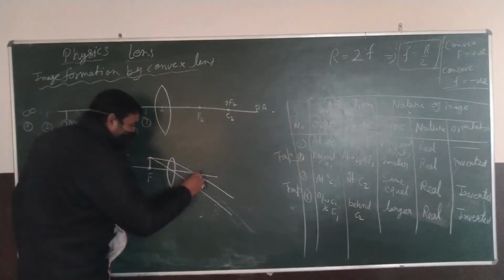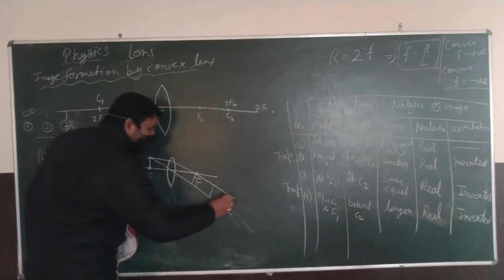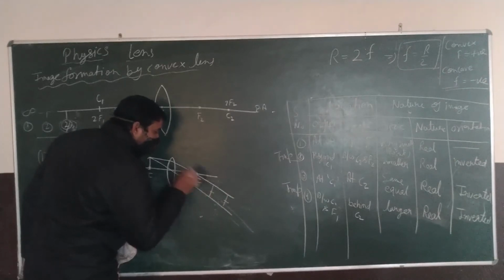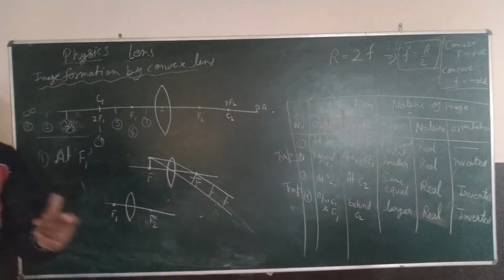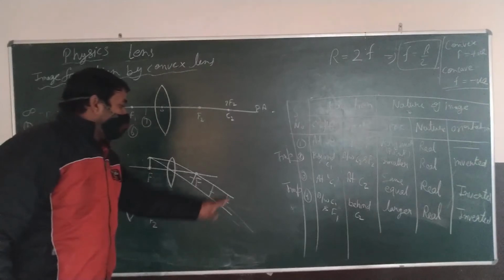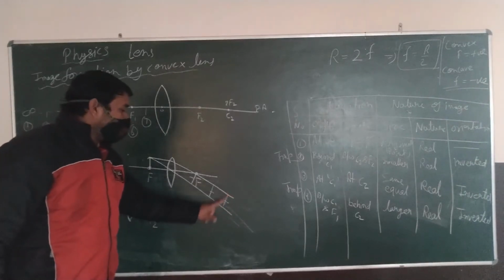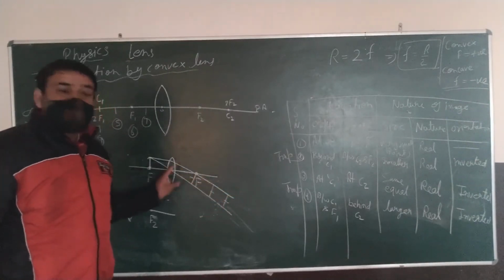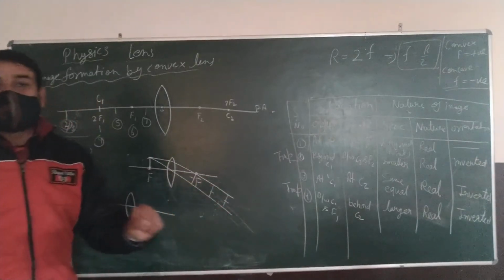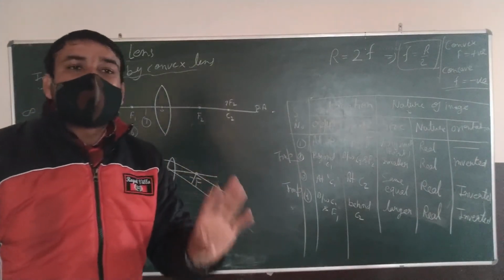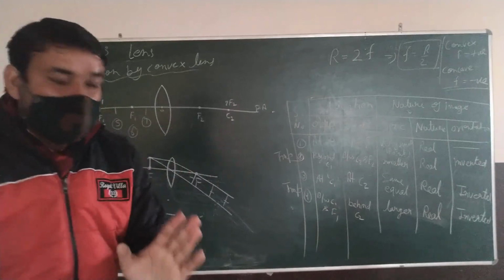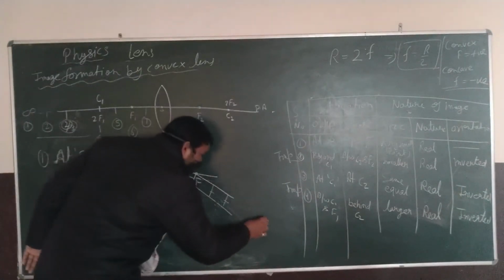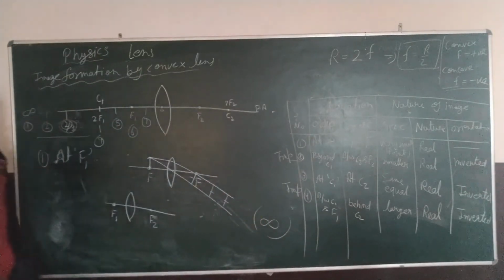And it is observed that all these distances are equal. Then we can easily say that the two rays passing through the lens after refraction are parallel to each other, so they cannot intersect at any point. So we can say the image is formed at infinity.